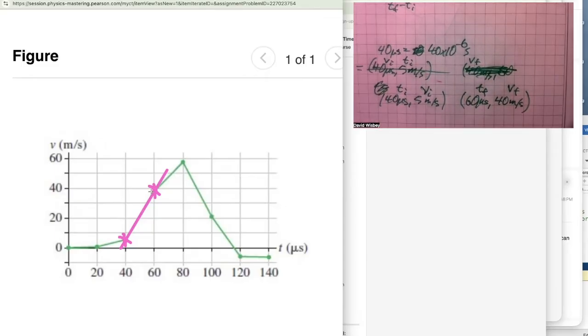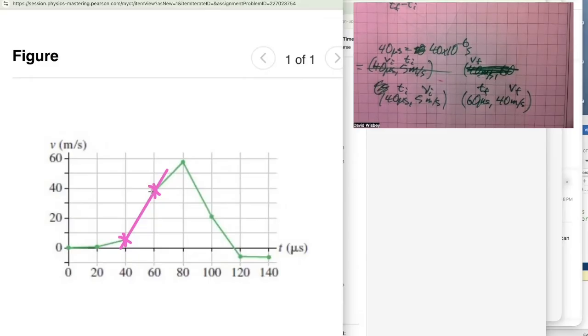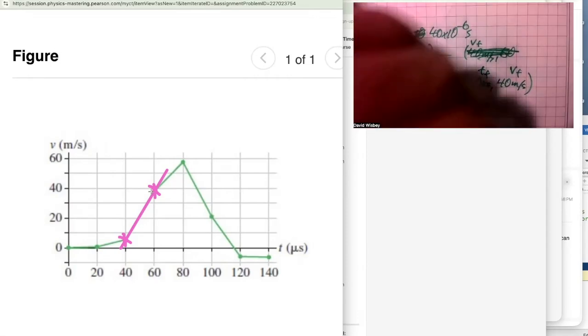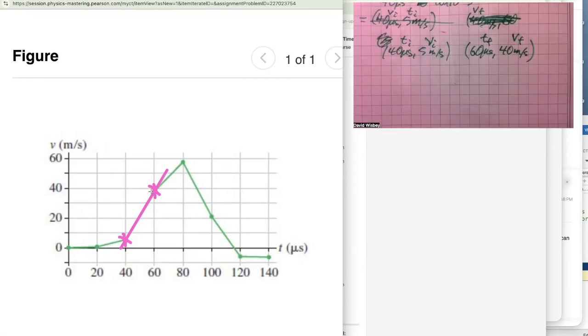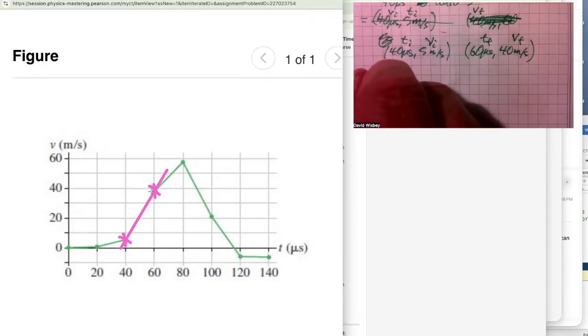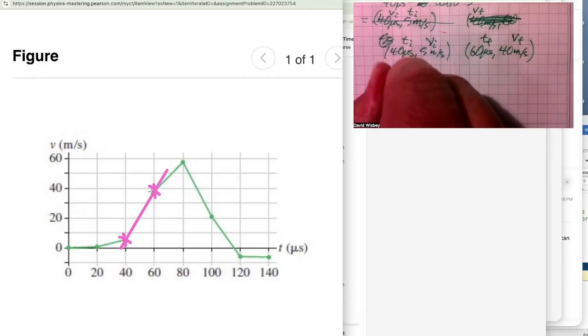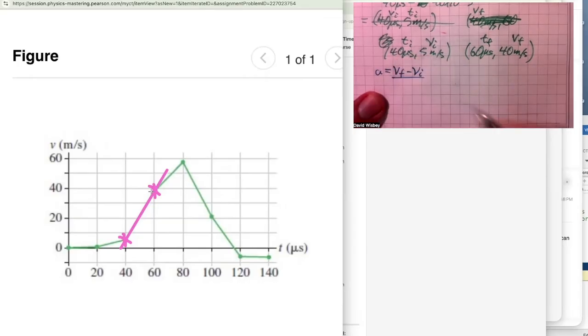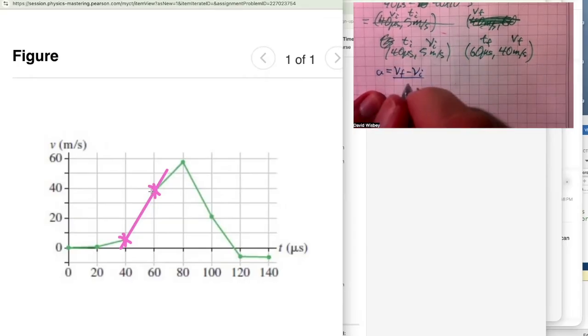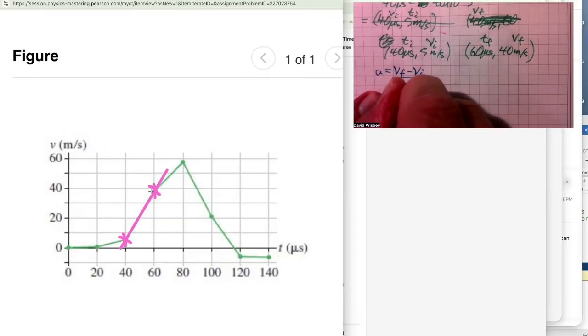Okay, so now we can calculate our acceleration here. Our acceleration is going to equal VF minus VI divided by TF minus TI.